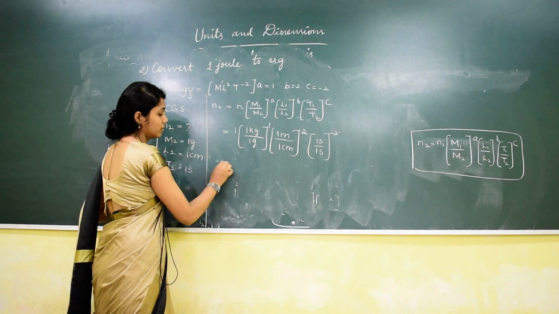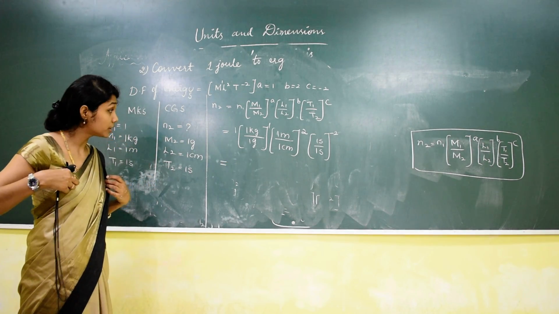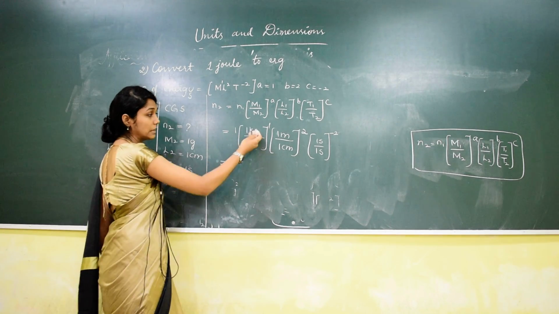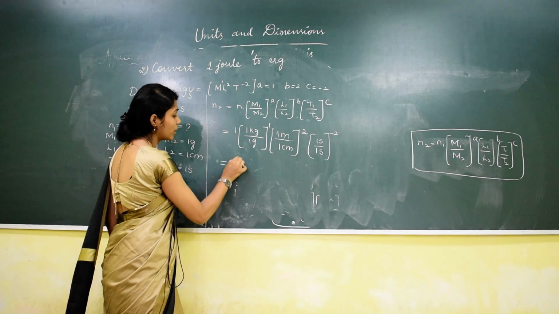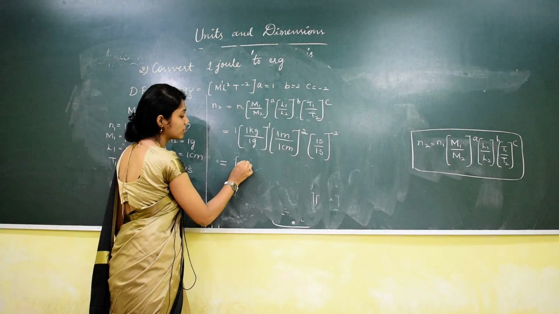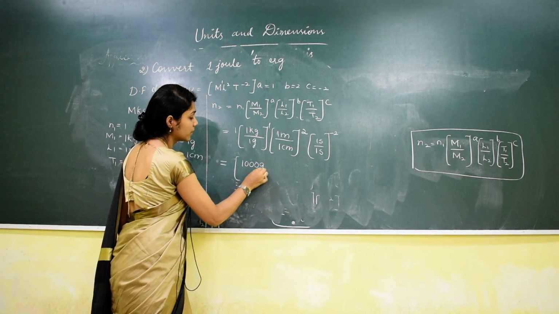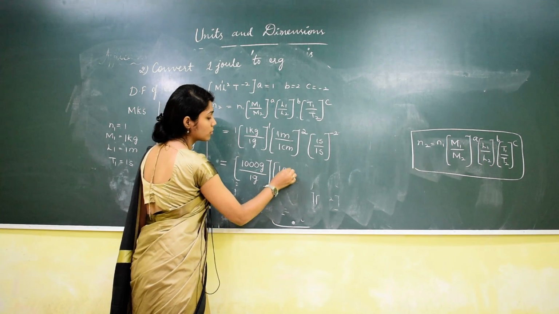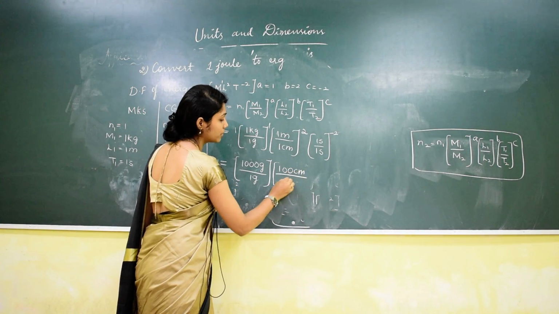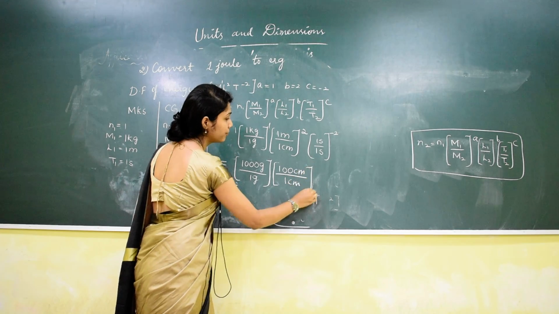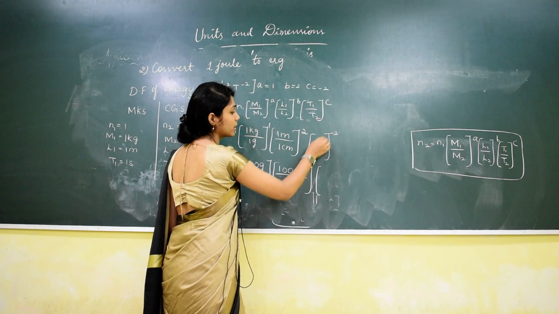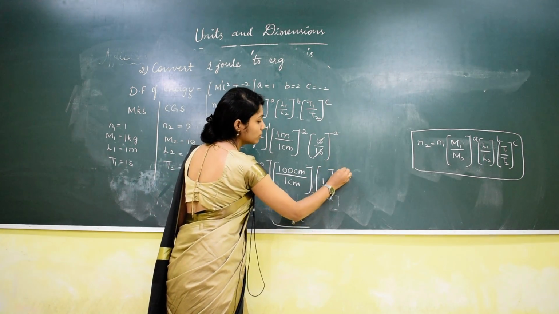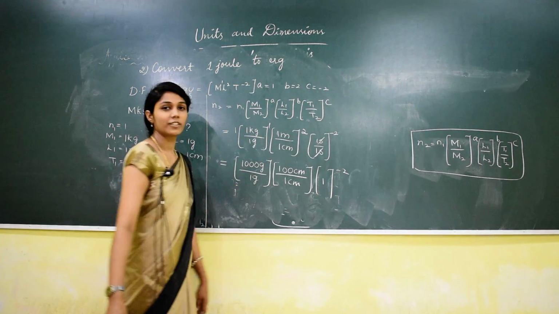Therefore, again here I have to convert 1 kilogram into gram. I know 1 kilogram is equal to 1000 gram divided by 1 gram, into 1 meter is equal to 100 centimeter divided by 1 centimeter, into 1 second by 1 second is 1 raised to minus 2.